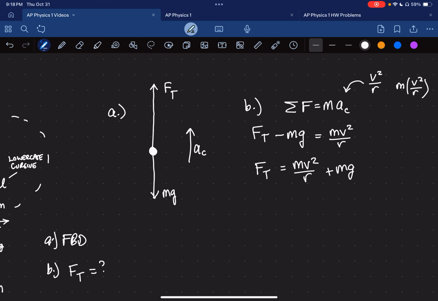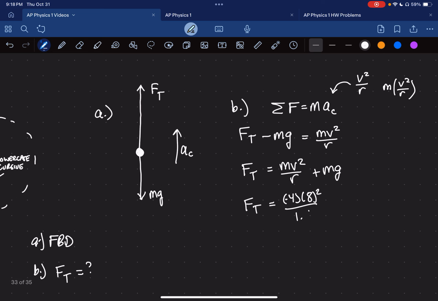And from here we will substitute our numbers. The mass is, I believe, 0.4, and the speed is 8 squared over the radius, which is 1.6, plus 0.4 times 10, which is 4. And so let's go ahead and calculate this.